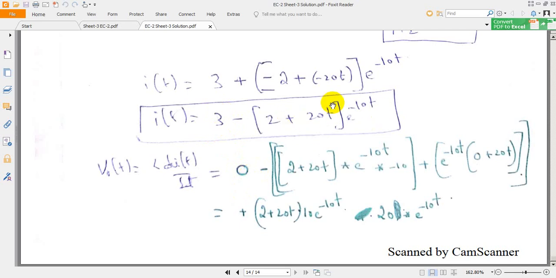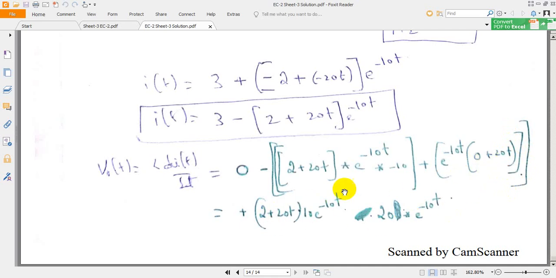Differentiation of this is first into differentiation of second plus second into differentiation of first: e power minus 10t into minus 10, plus second e power minus 10t into differentiation of first, which is 0 plus 20t. It is not t, it should be only 20.